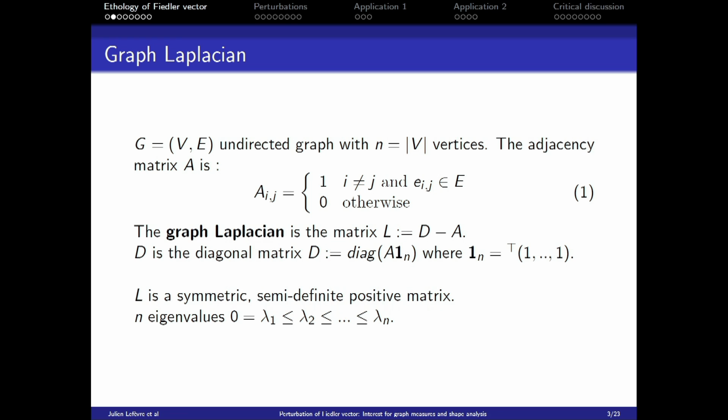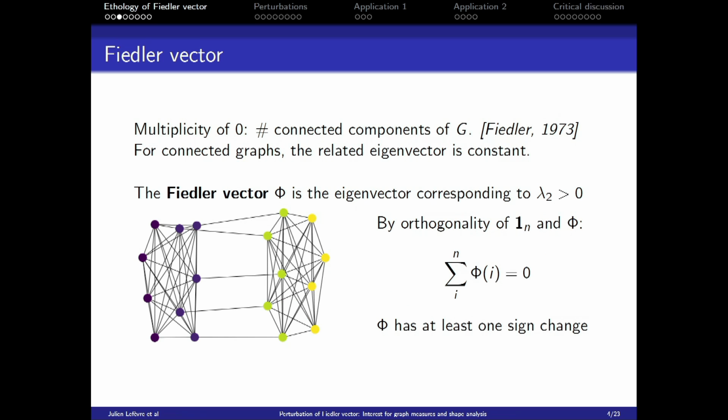This matrix is symmetric, positive semi-definite, and it has n eigenvalues. The first eigenvalue is 0, and the associated eigenvector corresponds to the constant vectors. It's classical that the multiplicity of 0 corresponds to the number of connected components of the graph.